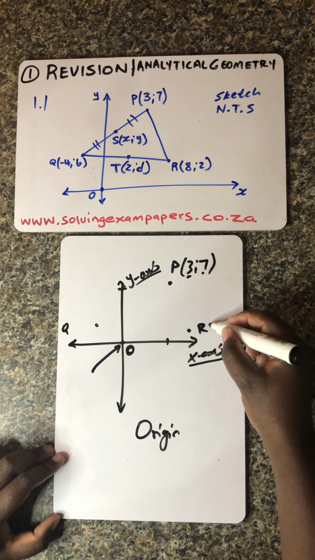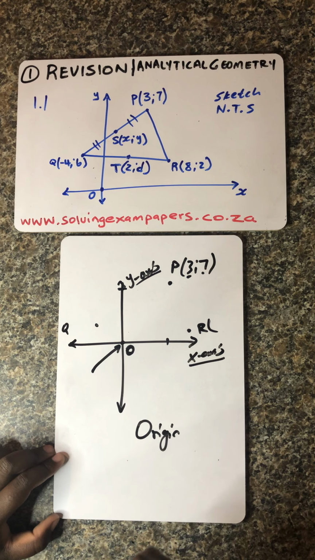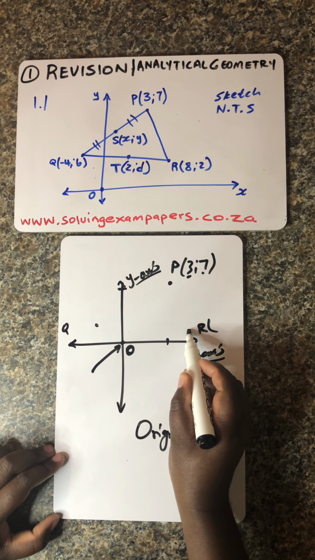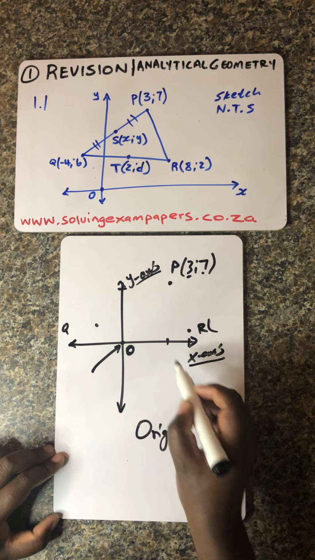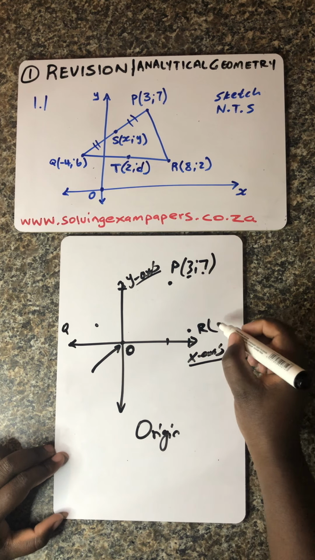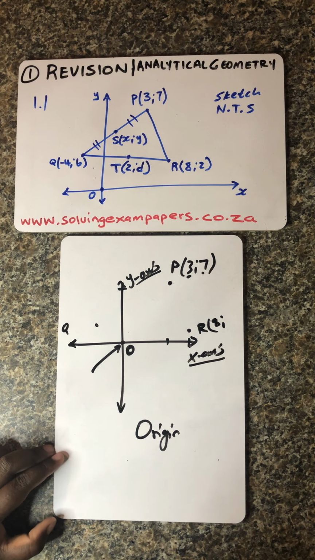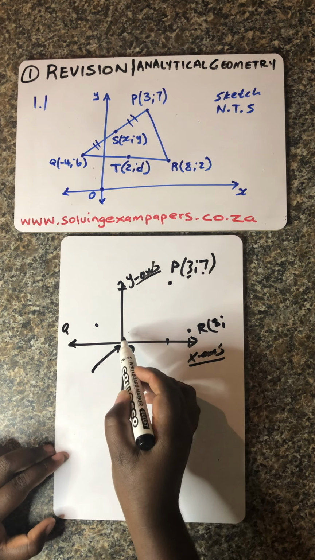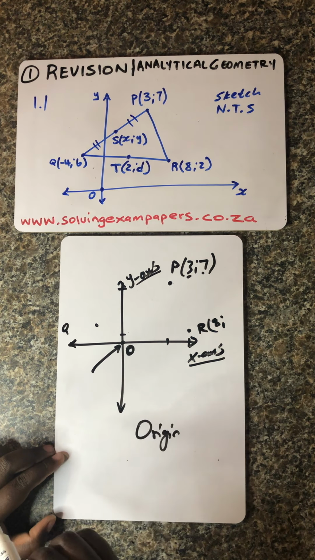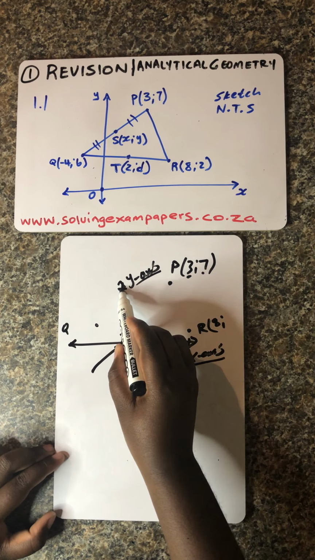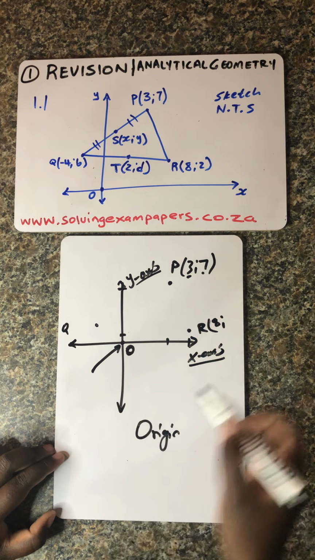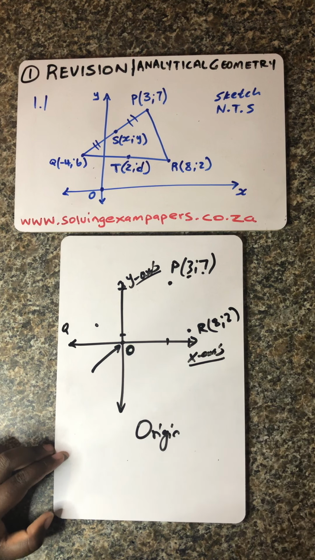The same applies to this point. It means the x value of R has to be greater than 3, which is why we've got a greater number over there, and the y value has to be a number less than 7. So in that case, we've got 2.